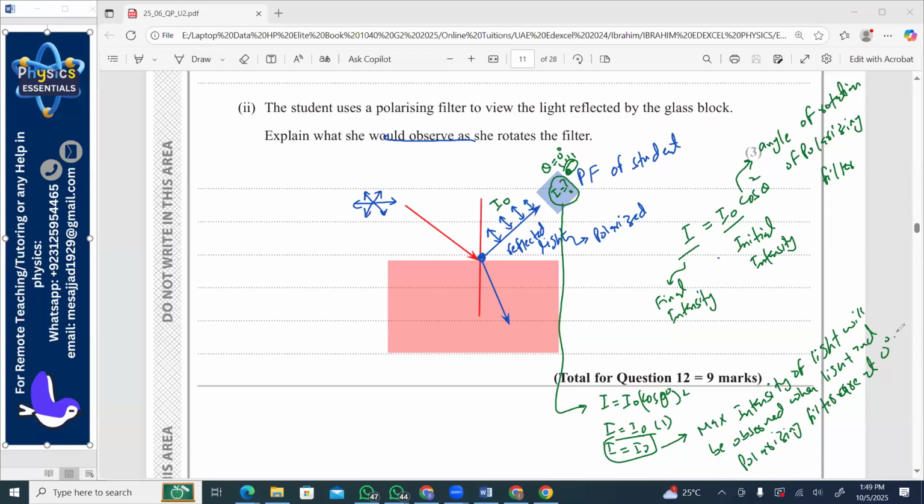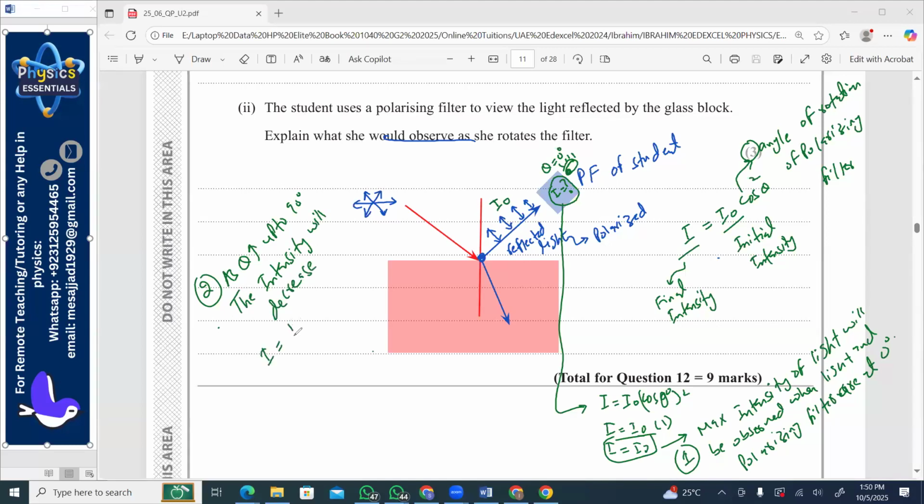So they were asking you to explain how it is going to appear. So this is point number 1. And for point number 2, as theta is increasing up to 90 degrees, the intensity will decrease. Why is it so?